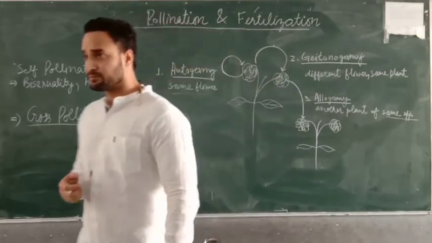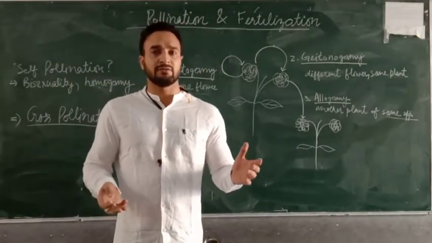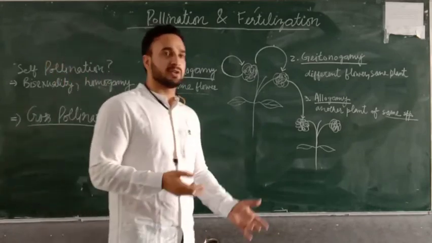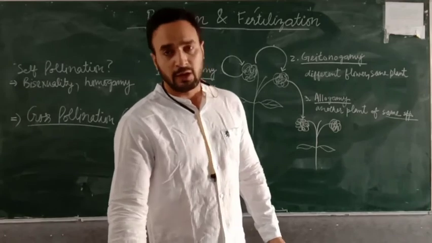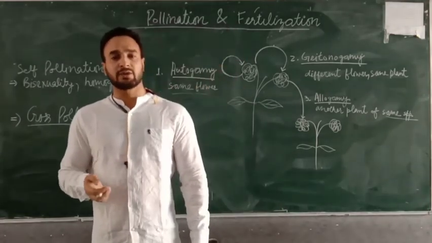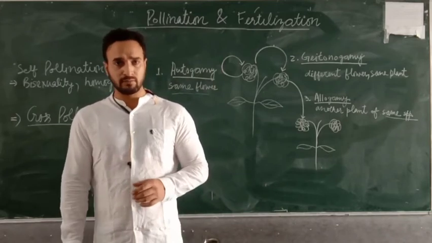For example, we have a garden where there are different kinds of flowers. We have rose growing there. We have sunflower growing there. We have also large trees like neem, banyan, mango, peepal, shisham, or any other tree.